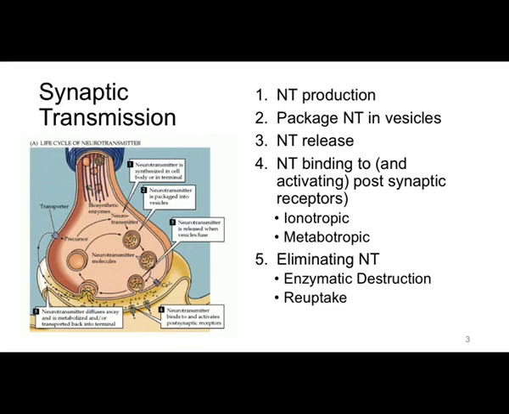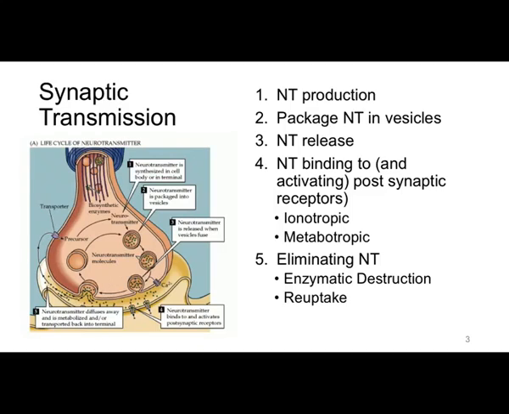Vesicle docking is also not related to whether or not the cell is firing an action potential. Then neurotransmitter release is triggered by the action potential. Once neurotransmitter has been released, it can bind to and activate postsynaptic receptors, which may be ion channels in the case of ionotropic receptors, or could be G protein coupled receptors in the case of metabotropic receptors.